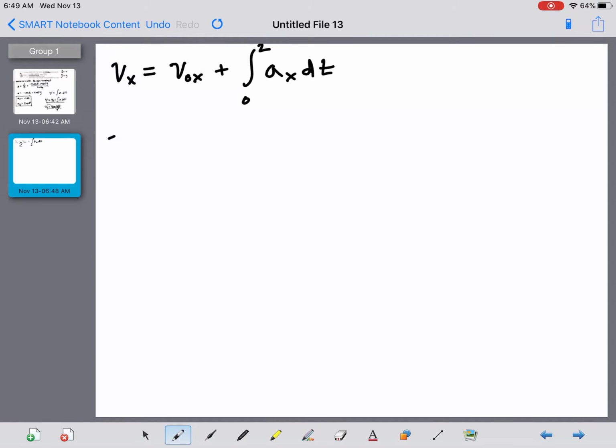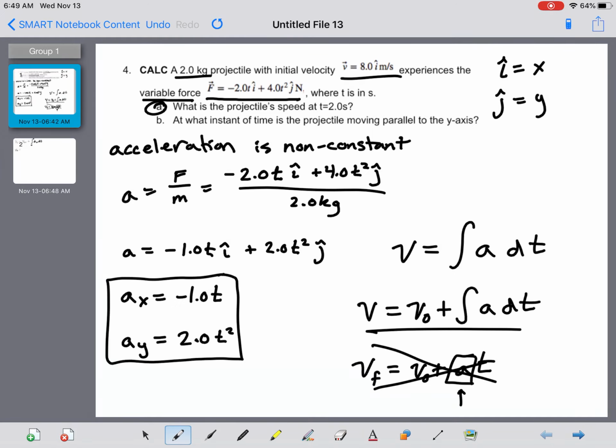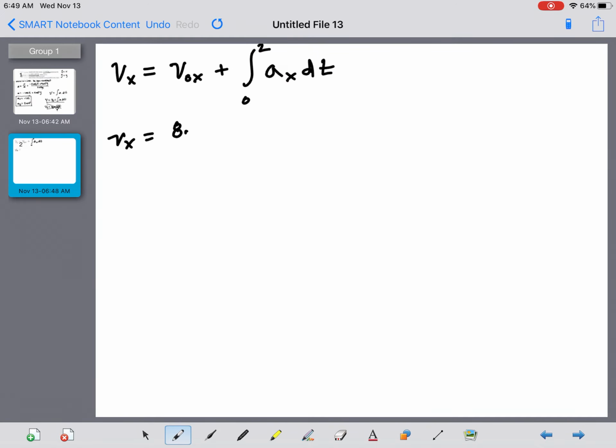Let's plug stuff in. Velocity in the x is equal to initial velocity in the x, which we already said was 8. So this is 8 meters per second plus the integral from 0 to 2 of negative 1.0 t dt.